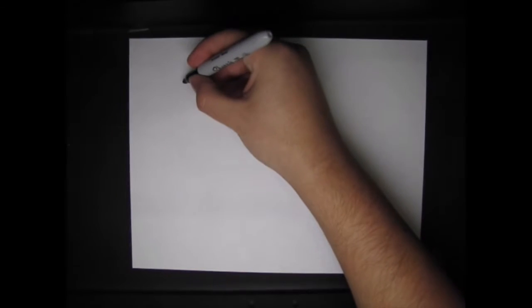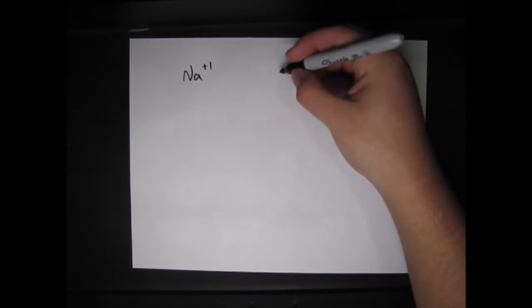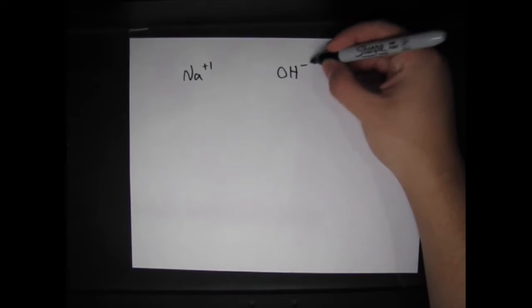Okay, next we're going to be looking at writing simple polyatomic ionic formulas. For this, we're going to be using sodium, which has a charge of +1, and hydroxide, which has a charge of -1.